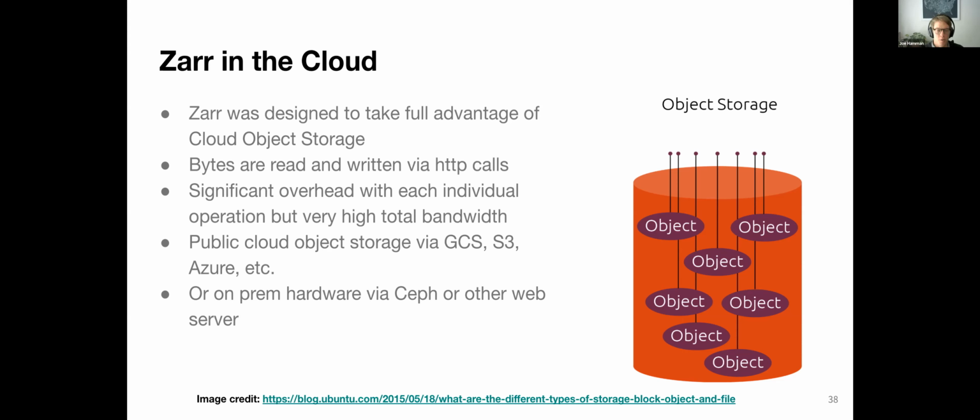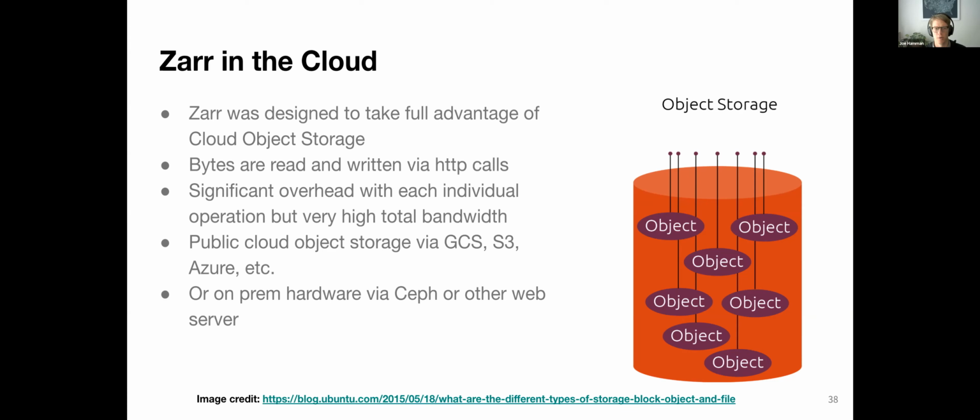The way you get data out of object store is over HTTP calls, so it's more of a web interface. Zarr takes advantage of this in that the bytes, chunks or metadata, are read and written via HTTP calls directly.